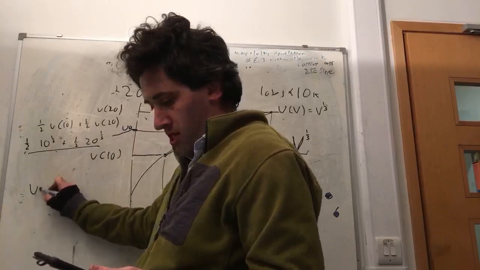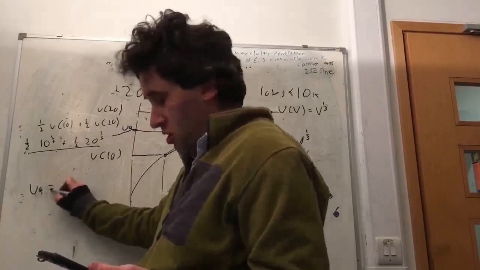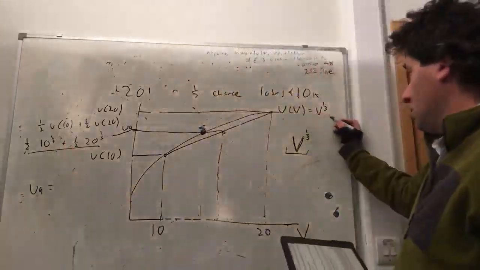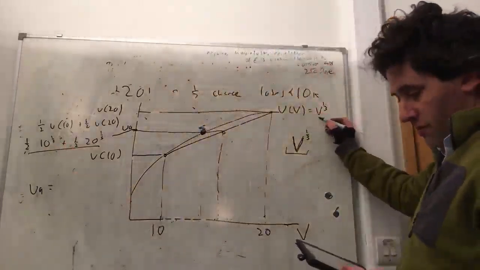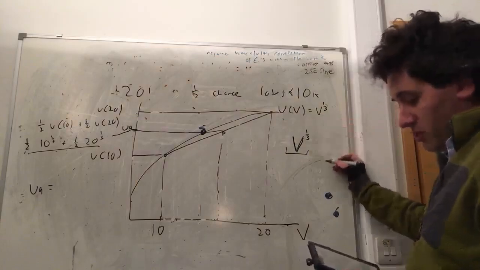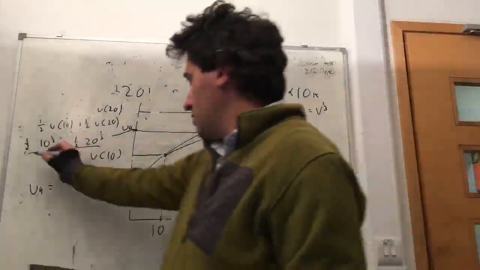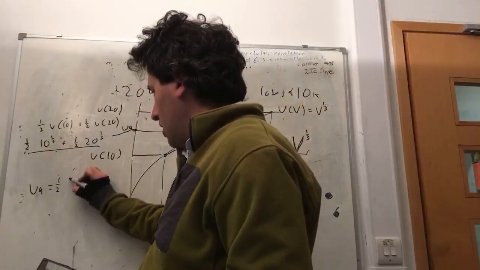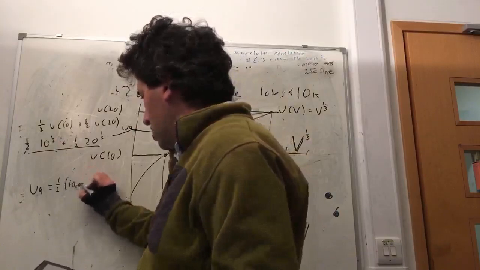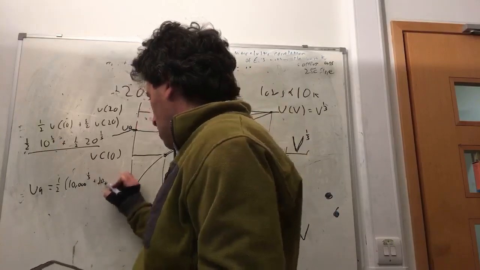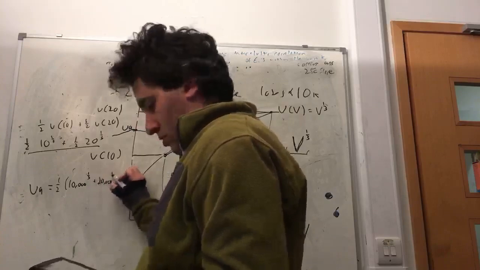So UA is equal to 1/2 the utility of 10,000, V of 10,000, plus 1/2 the utility of 20,000, V of 20,000, or, I'll just take the 1/2 outside, 1/2 times 10,000 to the power 1/3 plus 20,000 to the power 1/3.